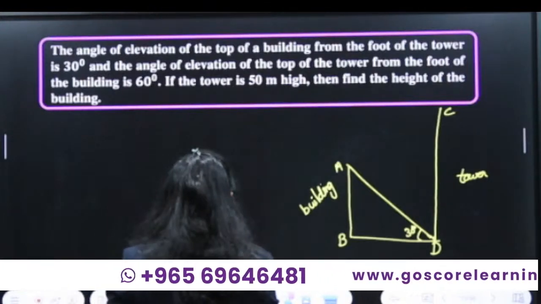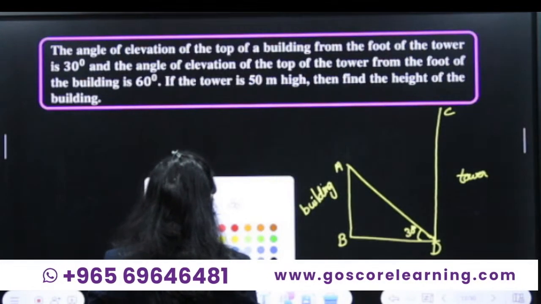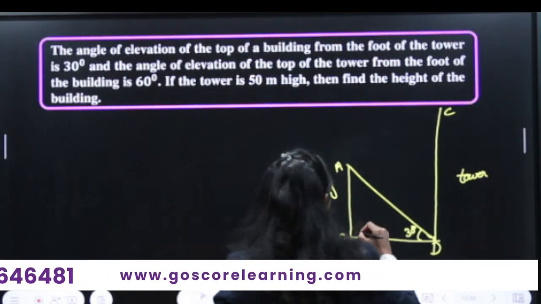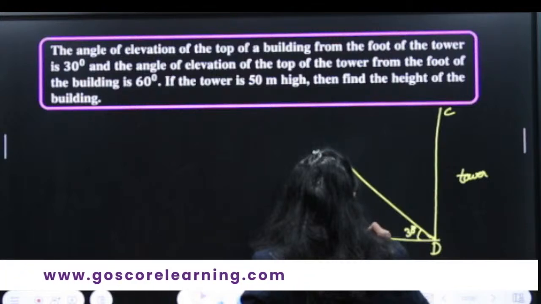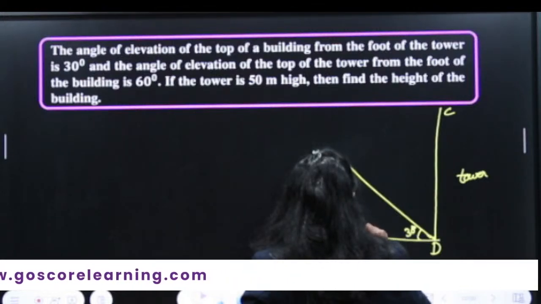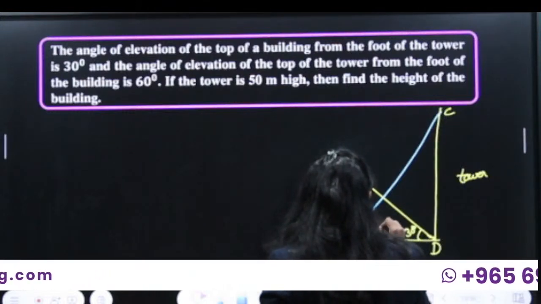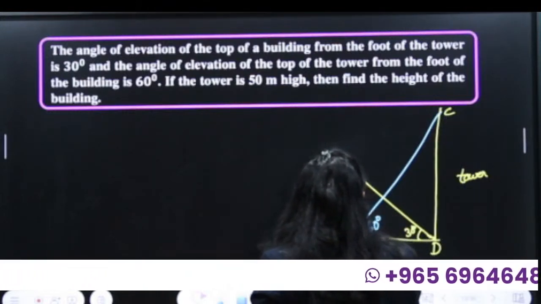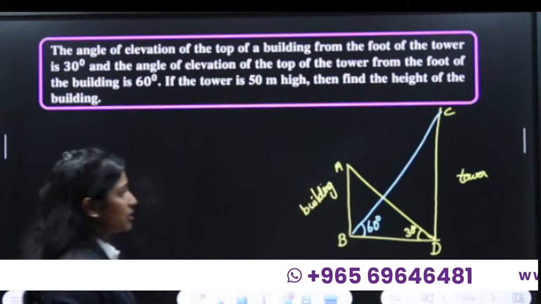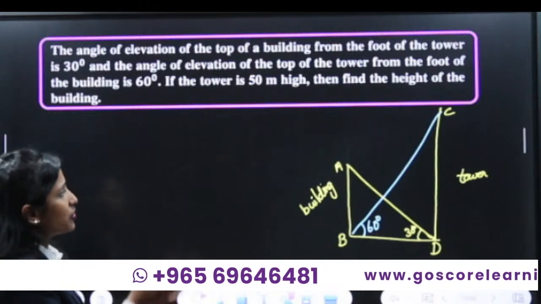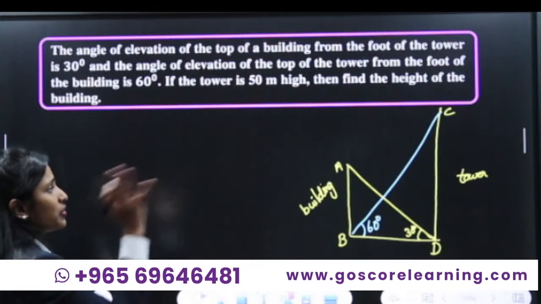Then next thing is from the foot of the building to the top of the tower is 60 degrees. So this is 60 degrees. Okay. So angle of elevation, everything is okay. So this is the figure. Okay. So 30 degree for building and 60 degree for tower.